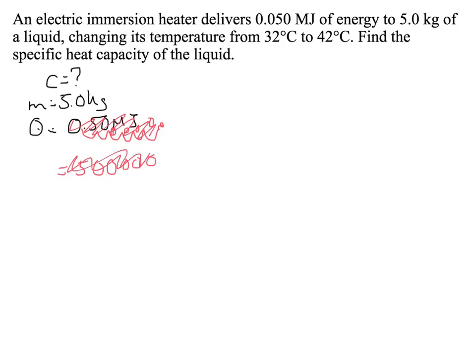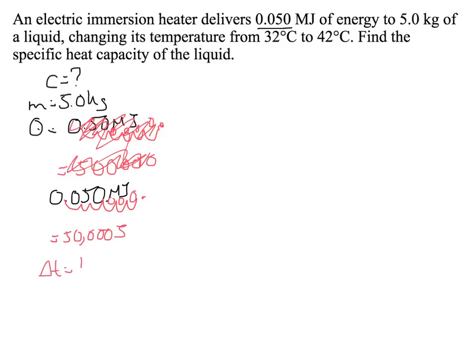Let's do that part over again. Q is equal to, as it says right here, 0.050 megajoules. Now when we move it over, 1, 2, 3, 4, 5, 6, we get a Q value of 50,000 joules. And lastly, we have our delta T, which is 42 minus 32, which is 10 degrees Celsius.